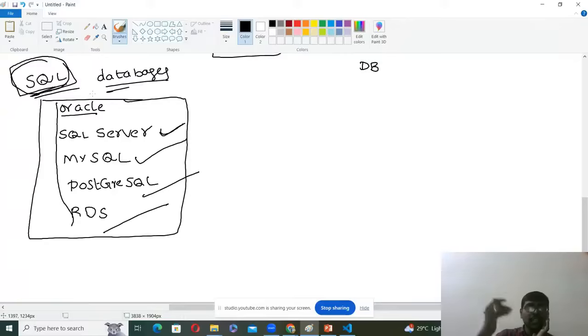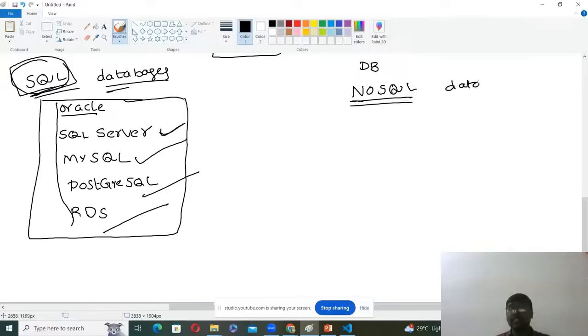With the new generation, one more thing came into the picture: NoSQL databases. Some databases do not use this SQL, structured query language. NoSQL means no structured query language.